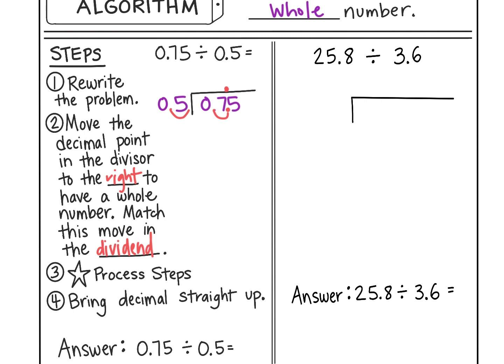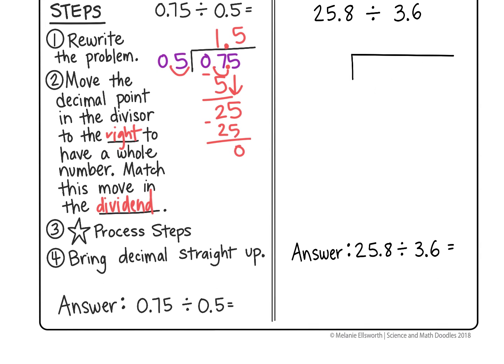So, 5 goes into 7 how many times? 1. 1 times 5 is 5. Subtract and bring down. 5 goes into 25 5 times. 5 times 5 is 25. Subtract. I have nothing to bring down, and I have nothing left over. So my answer is 1.5.